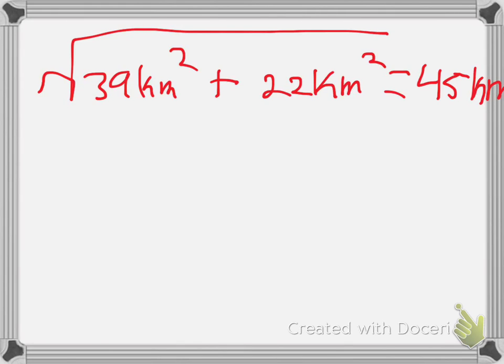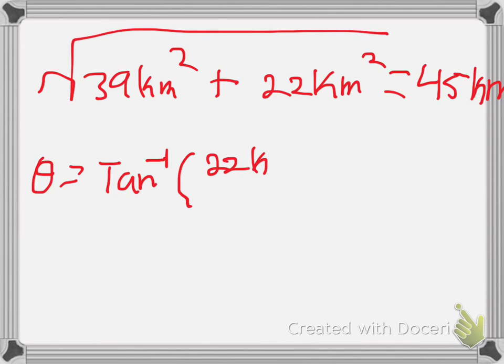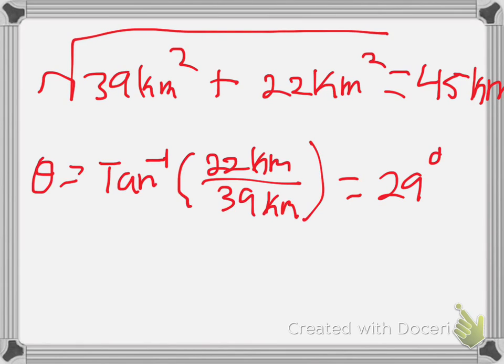And then we will solve for theta using the inverse of tangent of 22, the opposite, over 39, the adjacent. And that should come out to 29 degrees. And this, we look at the drawing that we made earlier of the resultant to know that that is north of east.